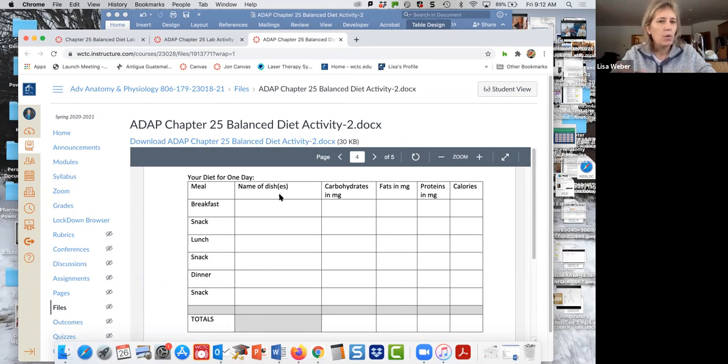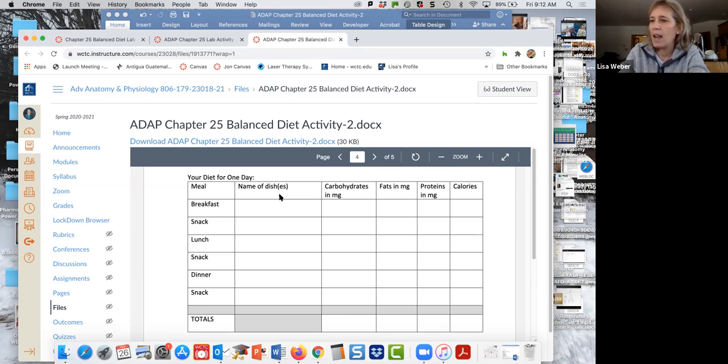You can also go to an app. So I have an app here. There are many apps, but MyFitnessPal is one, under an Under Armour type app, and you can look up any type of diet, and put in any meal or any dish that you make. They have a lot of fast food too, and you can scan barcodes as well.